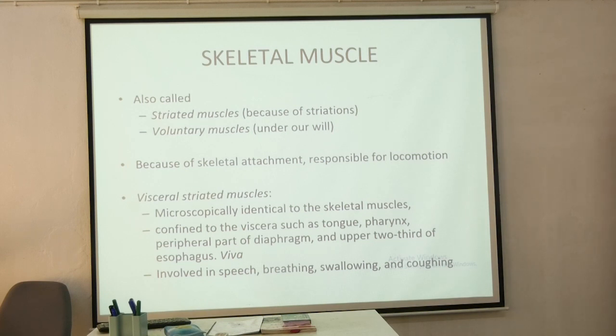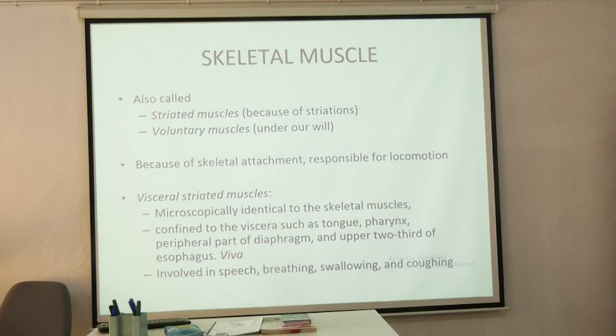Now visceral striated muscles, microscopically identical to skeletal muscles, are confined to the viscera such as tongue, pharynx, peripheral part of diaphragm and upper two-thirds of the esophagus, involved in speech, breathing, swallowing and coughing.